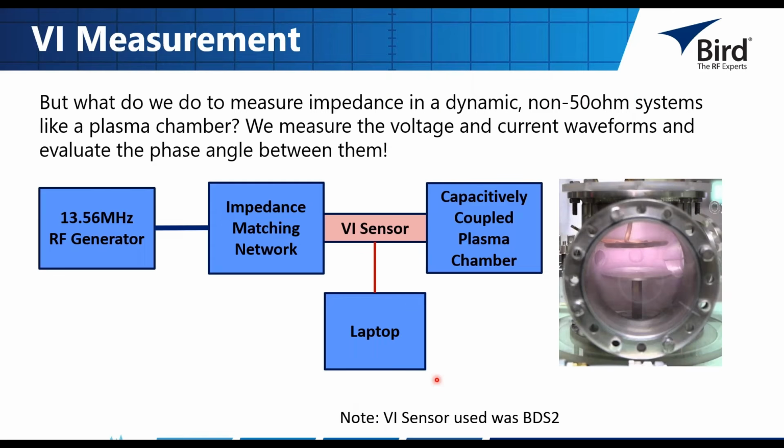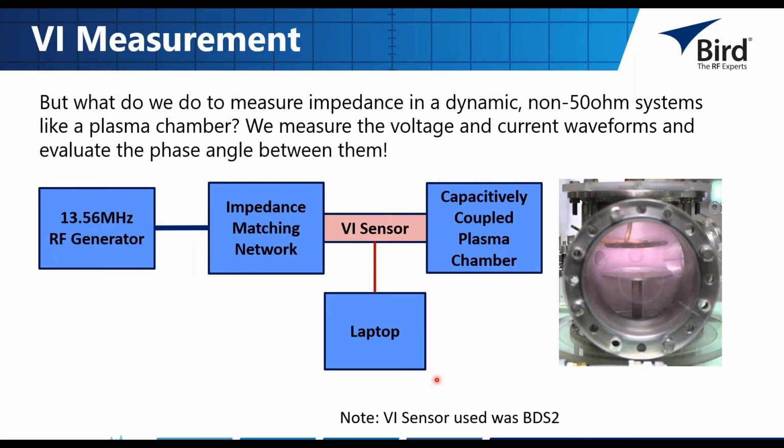So what about in that non-perfect 50 ohm system? This is where I'm typically thinking a very dynamic load like a plasma chamber. This is definitely going to be anything but 50 ohms, where we're going to have to put an impedance matching network between the generator and a capacitively coupled plasma or inductively coupled plasma.